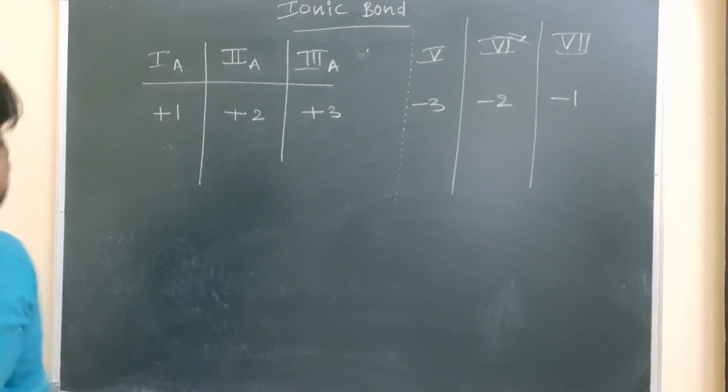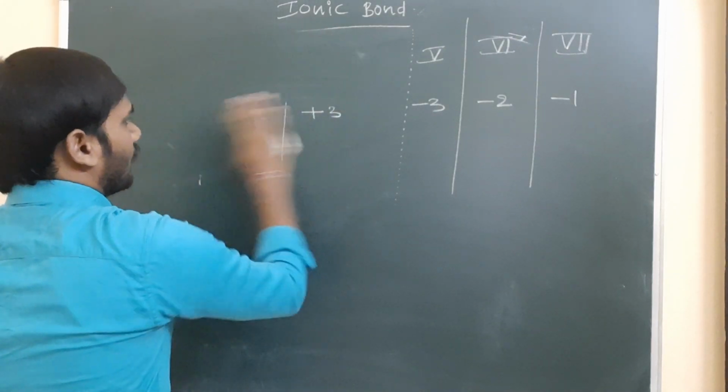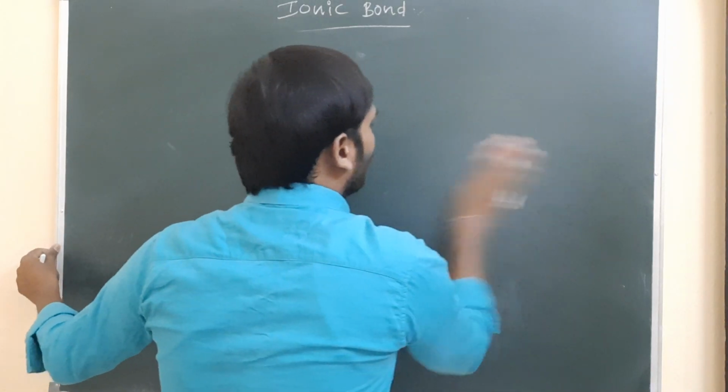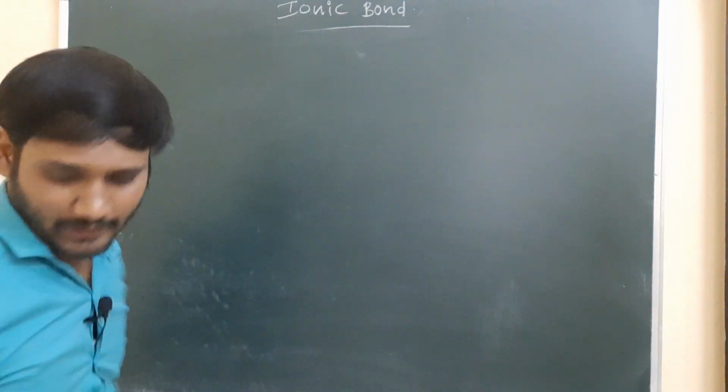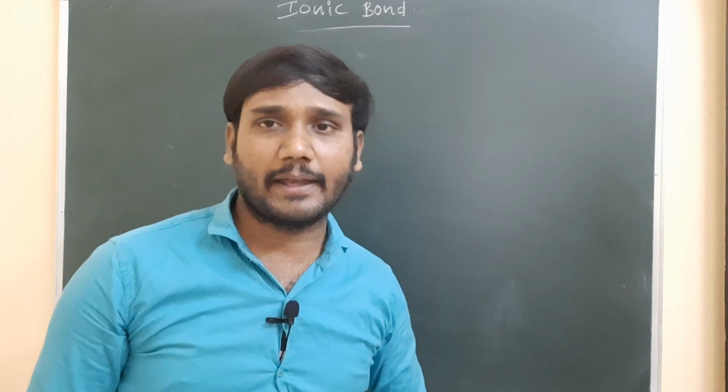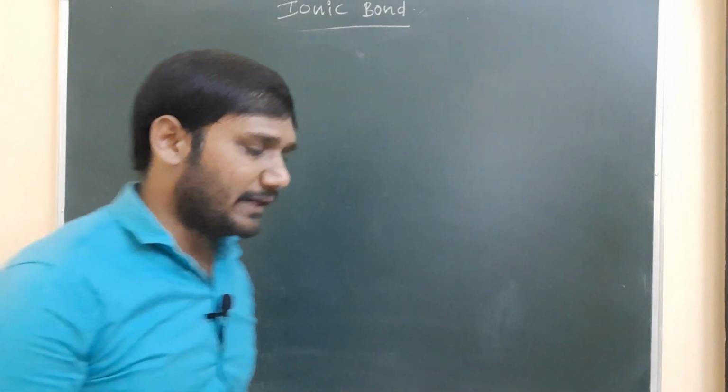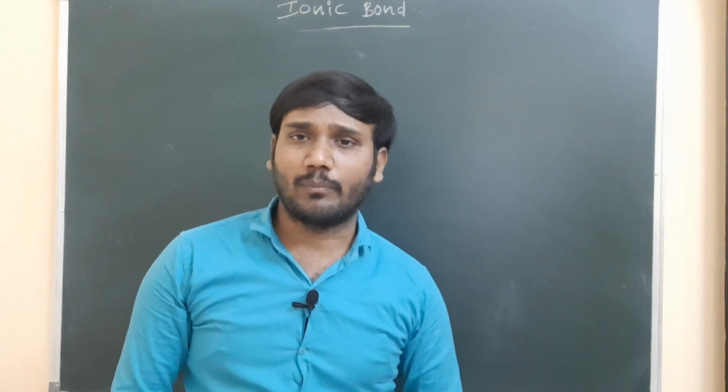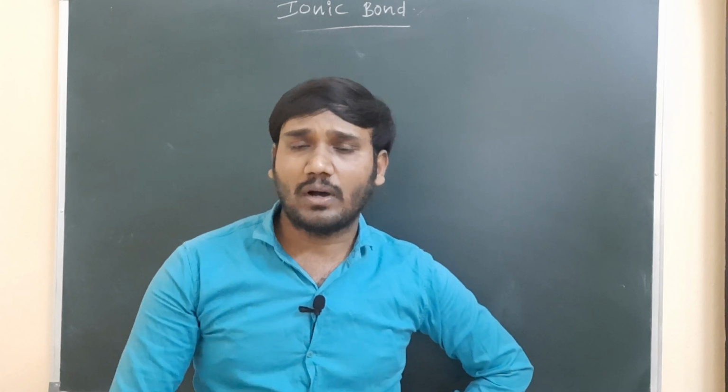Next, for the formation of an ionic bond, two species are compulsory: one is a cation and one is an anion. So let us see under what conditions cation formation is favorable and under what conditions anion formation is favorable.